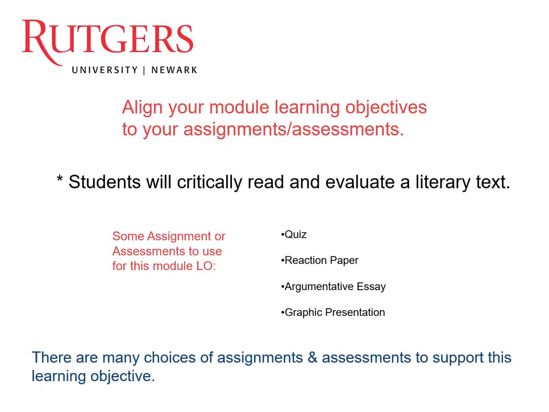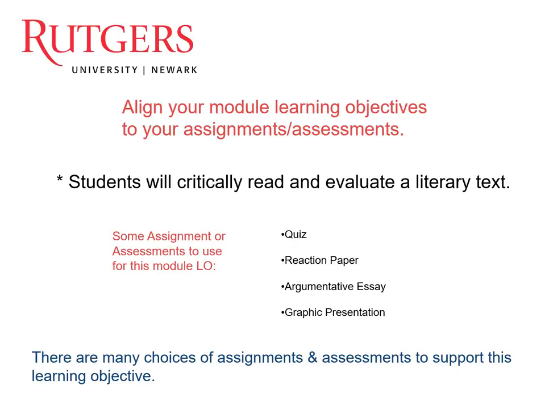So how do we do that? If we're taking one of the module learning objectives, students will critically read and evaluate a literary text, how do we get the student to be able to demonstrate that? There's a lot of different ways. You can have the student take a quiz. Maybe it's a self-assessment type of quiz.